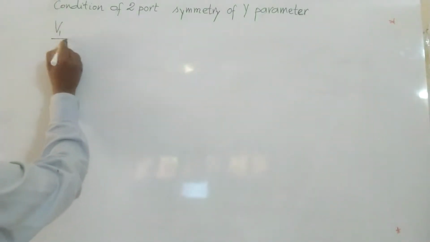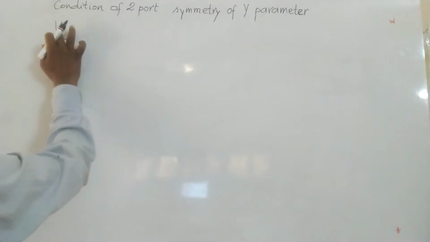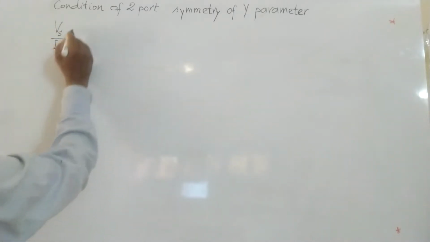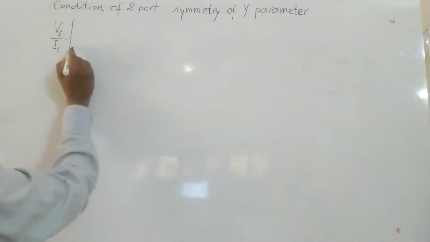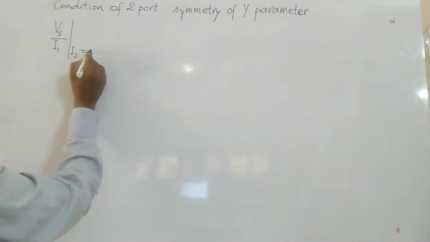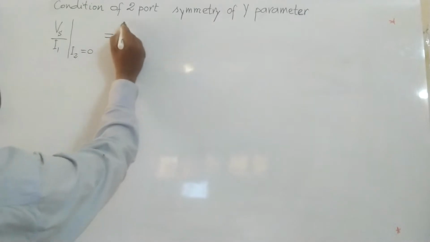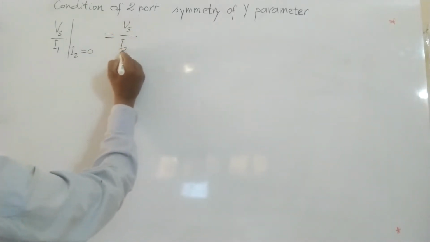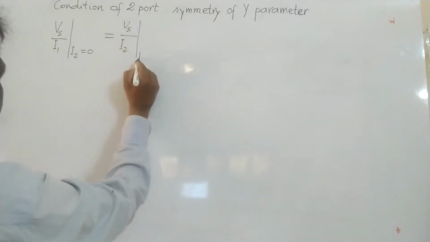Vs by I1 keeping I2 equal to 0, and this equal to Vs by I2 keeping I1 equal to 0.